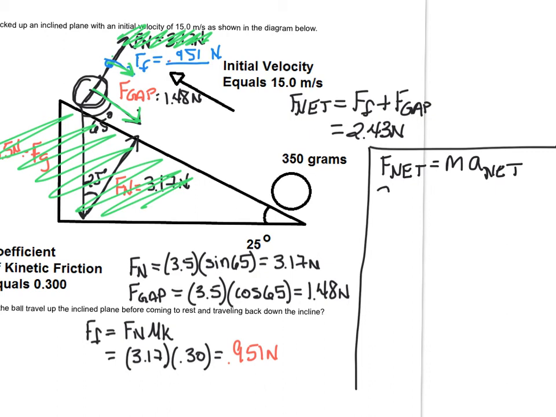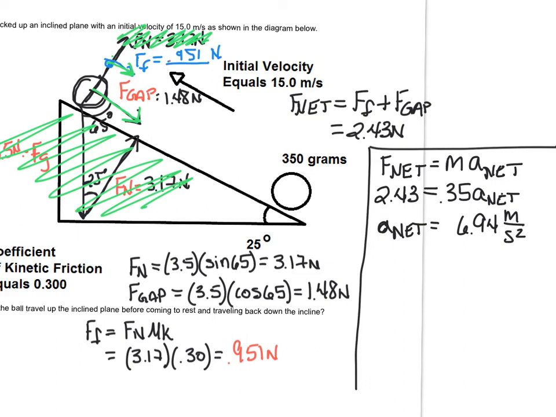In this case, we have a net force, a mass, times net acceleration. Net acceleration is equal to 6.94 meters per second squared.